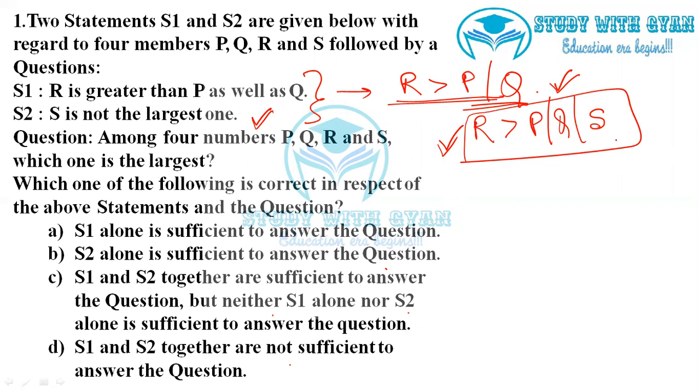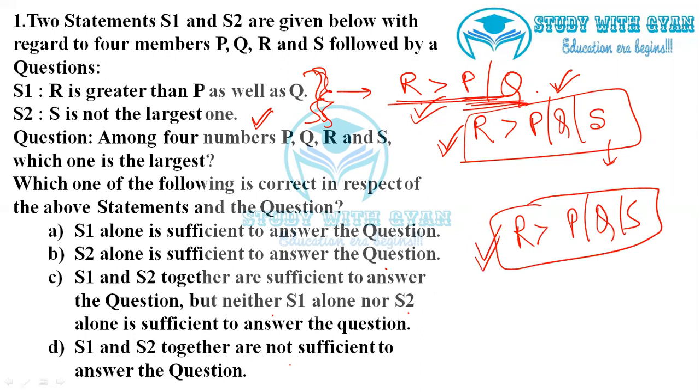Because S is not the largest and R is already greater than P and Q from statement 1. So statement 1 or statement 2 alone is not sufficient to answer this question. But when I read both statements together, I get a conclusion that R is the largest one among all these four members.